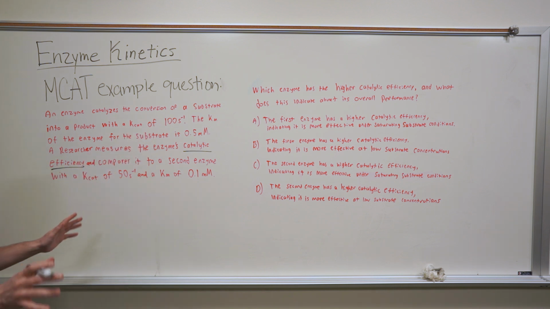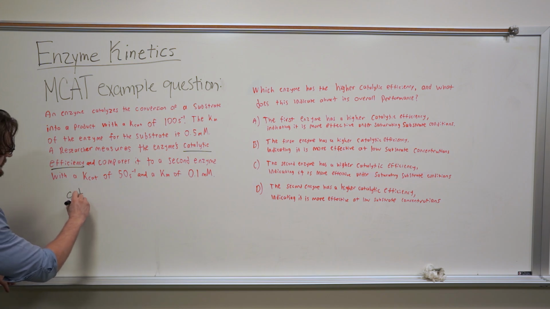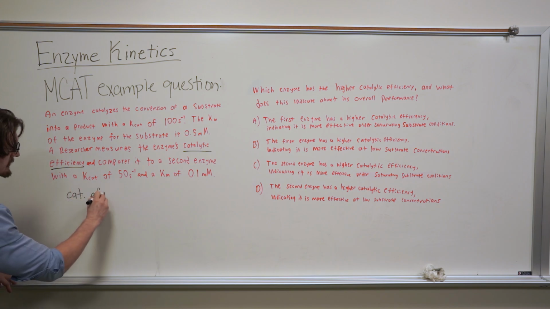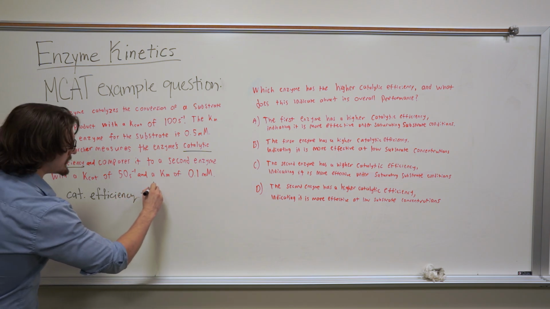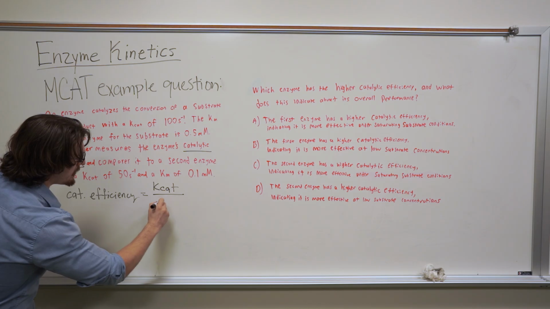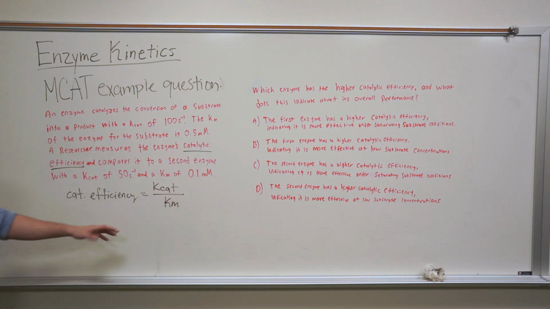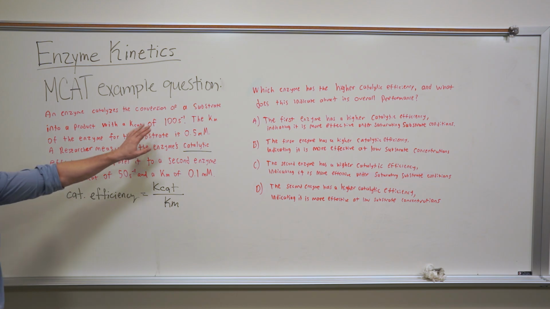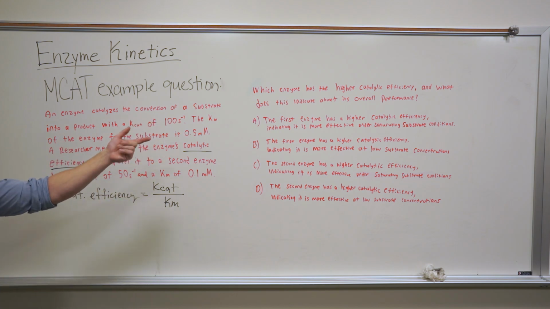If you recall from the earlier part of the video, catalytic efficiency is equal to kcat, the turnover number, over Km. Now it's just a plug and chug situation. We're going to plug in these numbers and answer the first part of this question, which is which one has a higher catalytic efficiency.